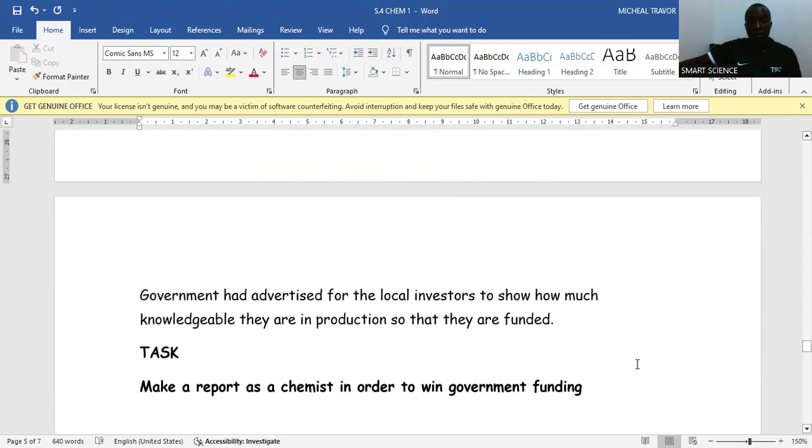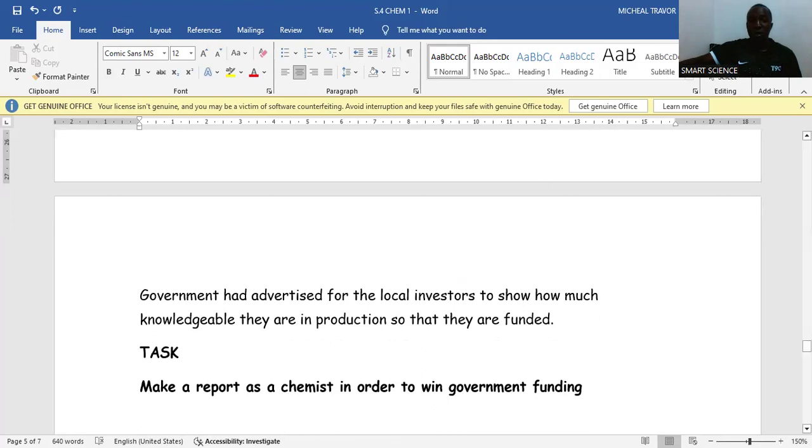Government has decided to advertise for the local investors to show how knowledgeable they are in production, so that they can also win the funding from the government. And you have been requested as a chemistry learner to come up with a write-up to show how knowledgeable you are in order to win the funding of the government.